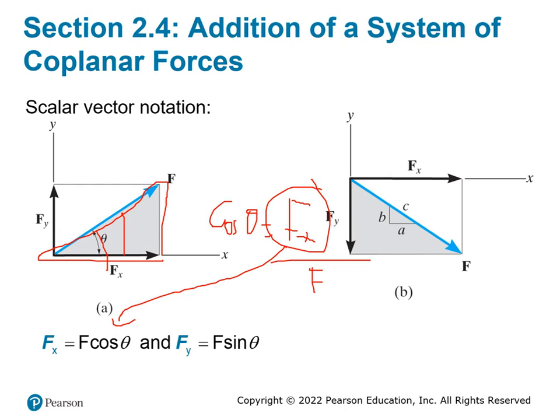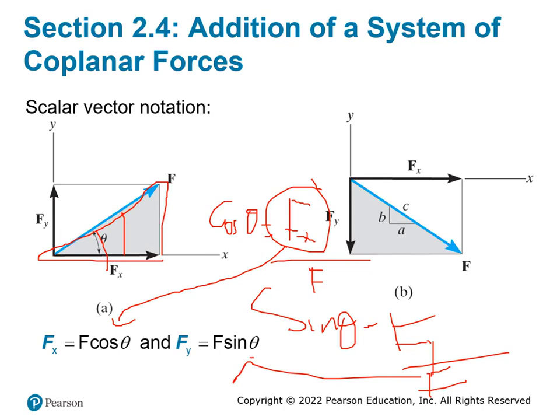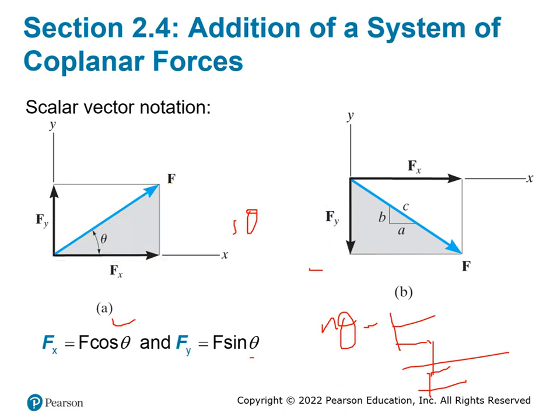So this is our horizontal component. A similar thing we can do for the vertical component by using sine theta, which gives us Fy over F. We can make Fy the subject and get Fy equals F sine theta. So this is how we give the forces in scalar notation.